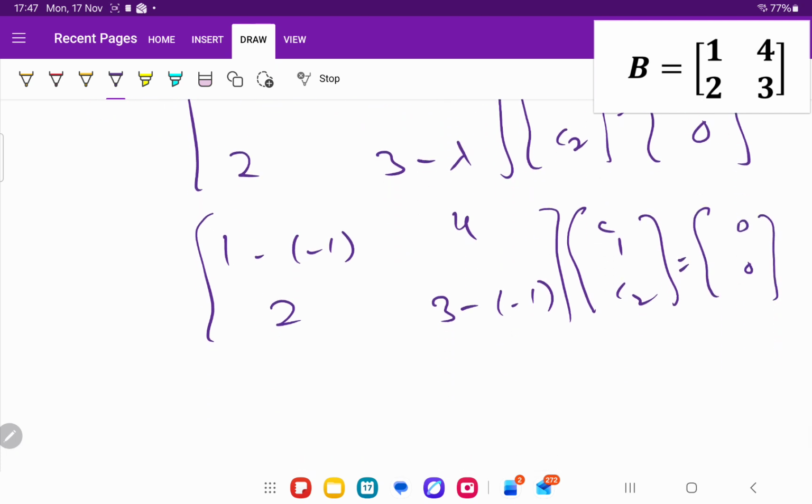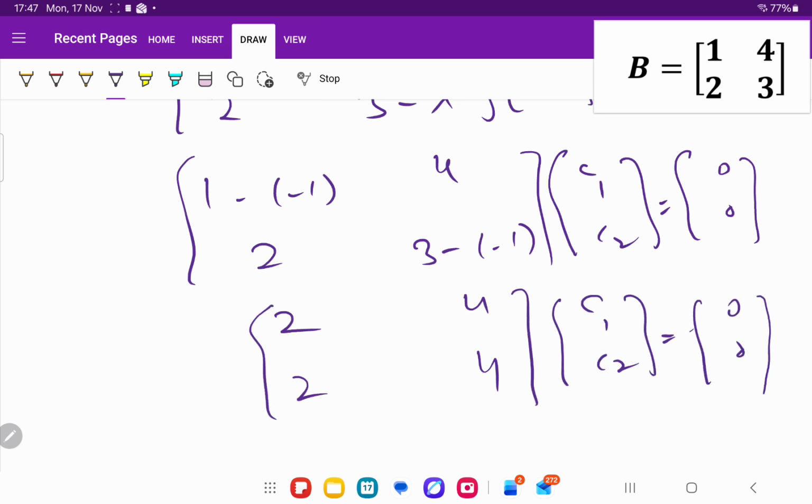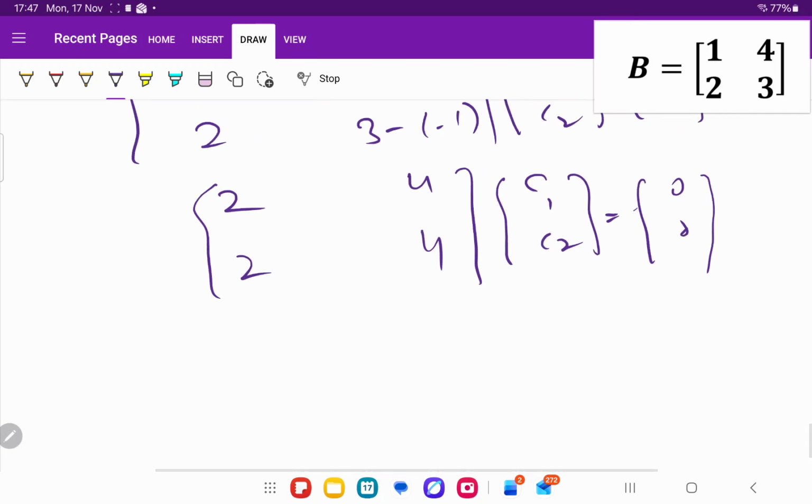Okay, so minus minus plus: 2, 4, 2, 4, times C1, C2 equal to 0, 0. So what we can do, simply you could write in the augmented form 4 0 2 4 0.